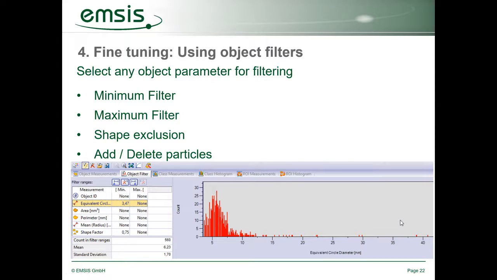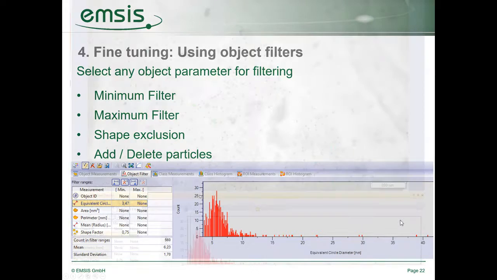And in the same way, I can use criteria for the other filters. And you see here, I also chose the shape factor because I recognized on my previously shown image that most of the misdetections had a very irregular shape. So I can just set a minimum value for the roundness to exclude these kinds of particles.